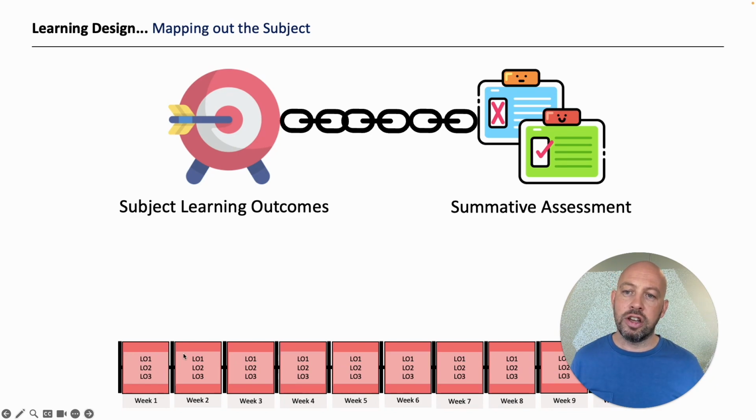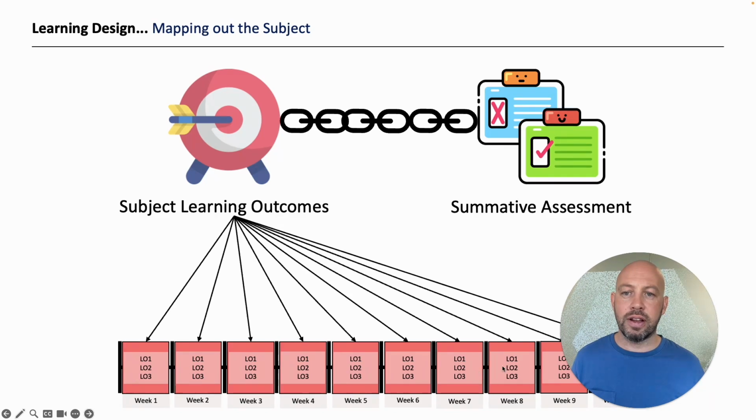And each session should have 2 to 3 session level learning outcomes or session level learning objectives. Again, whichever terminology you're using, you have a high level outcome and you have the more granular level outcome. And these granular level learning outcomes all link up to achieve your subject level learning outcomes or your course level learning outcomes.